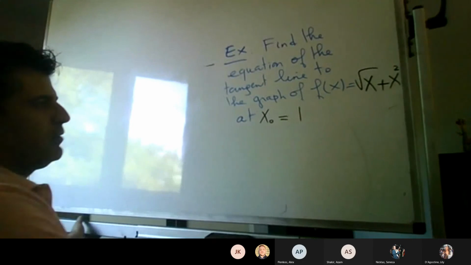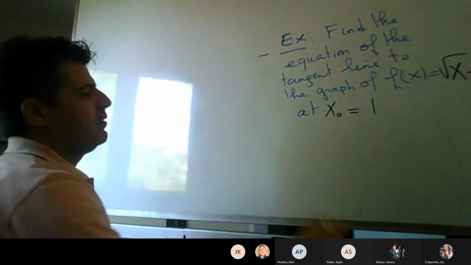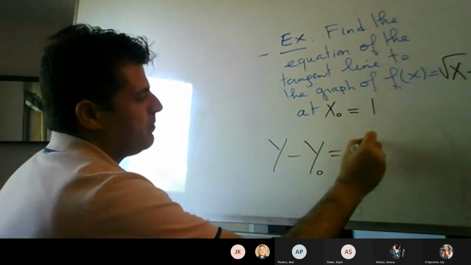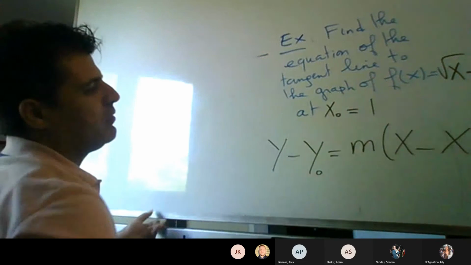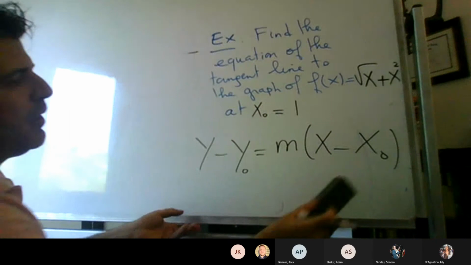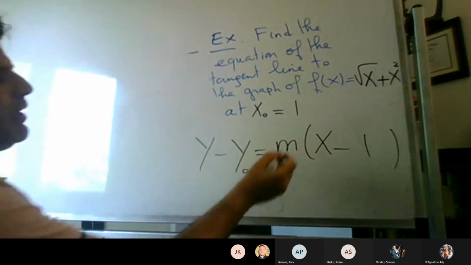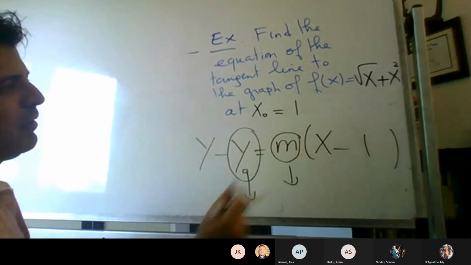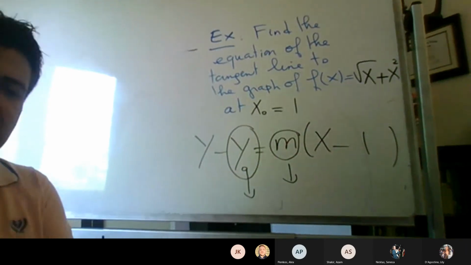Now let's find the tangent line. Let me write the formula. It's y minus y0 equals m times x minus x0. This is the tangent to the function at x0. x0 is 1, so I replace x0 by 1. Now I need m and y0. m represents the slope, and y0 is f at x0.